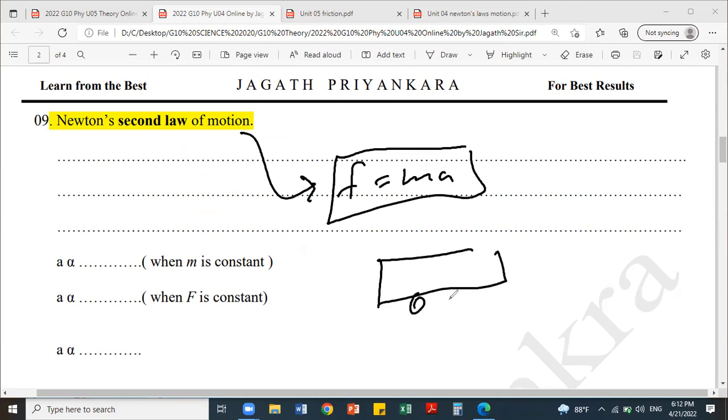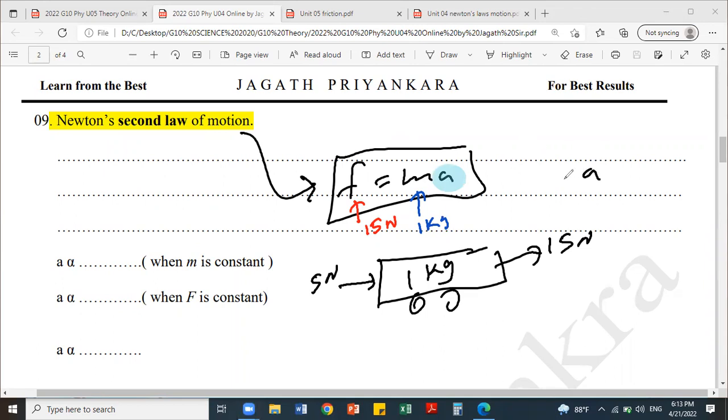I'll give one example. Imagine an object of 1 kilogram moving. You apply 15 Newton on one side and on this side someone is pushing with 5 Newton. What is the total now? F will be 15 Newton. If you know the mass, you can find the unknown, the acceleration. Acceleration equals F over m.